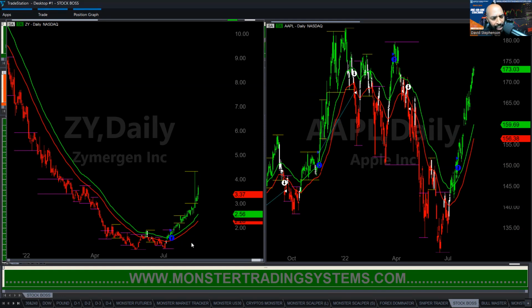I know that there are institutions buying ZY. I don't need to know why they're buying ZY. I know that they're buying it because the price broke resistance. I have a buy signal, I've got green candles, and the price is moving higher.